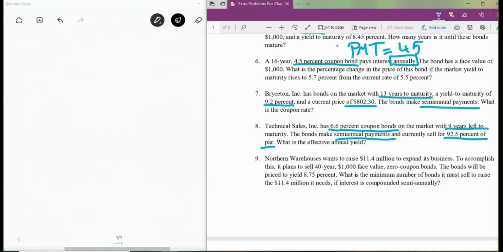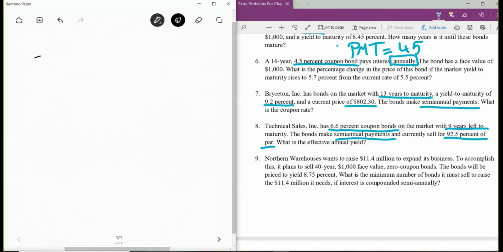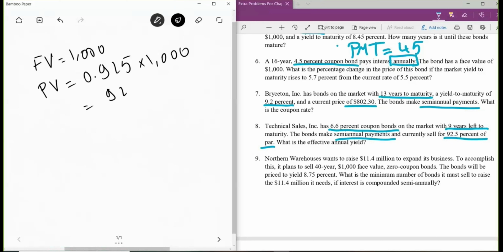So for this problem, the face value is $1,000. The bond is selling for 92.5% of the par or of the face value. So the price of the bond, PV, equals 92.5% times 1,000. The price of the bond is $925.